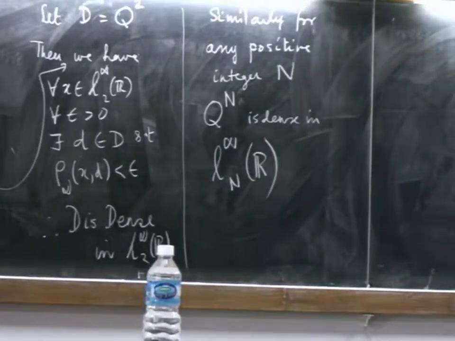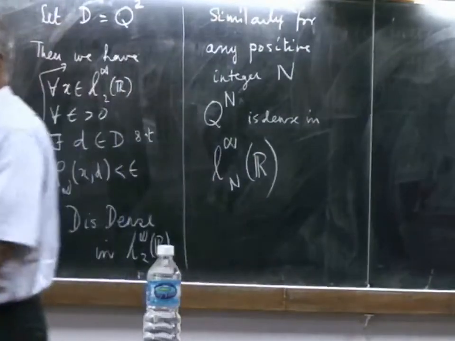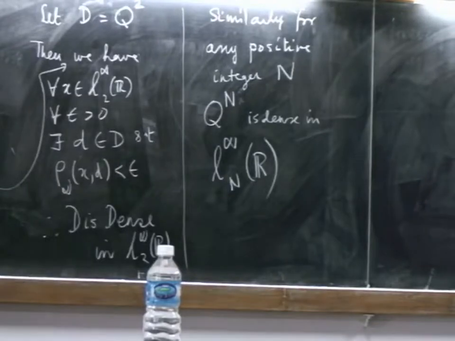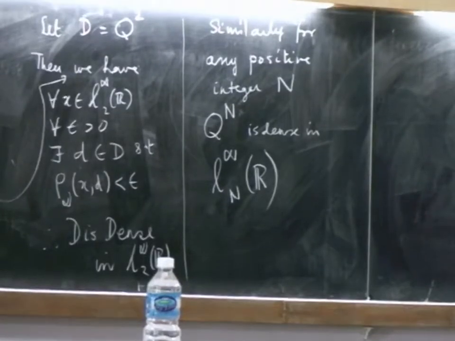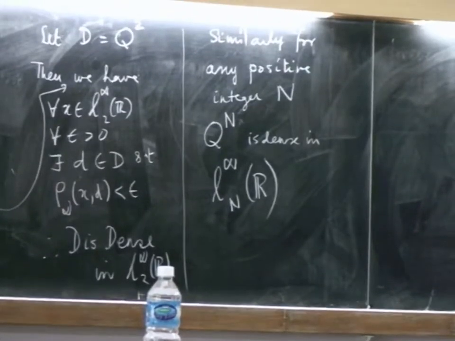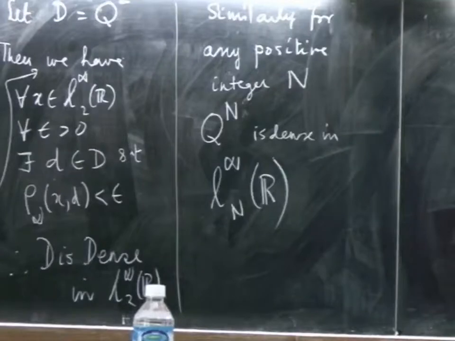Because each component is approximated within epsilon by a rational number, put all the components as one vector and you get what you want. So you are just doing component-wise approximation. There is no real problem there. So in R, Q is dense; in L infinity n, Q to the power n is dense. These are important dense sets.